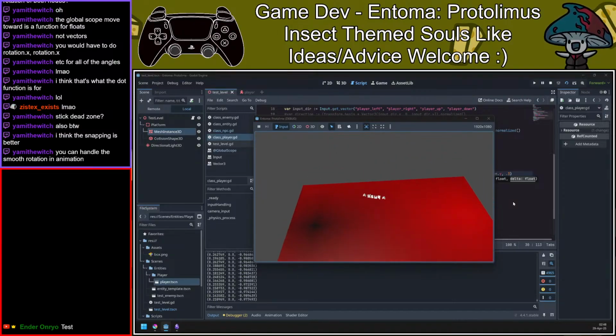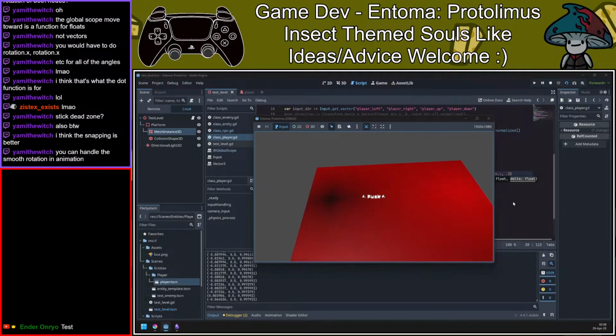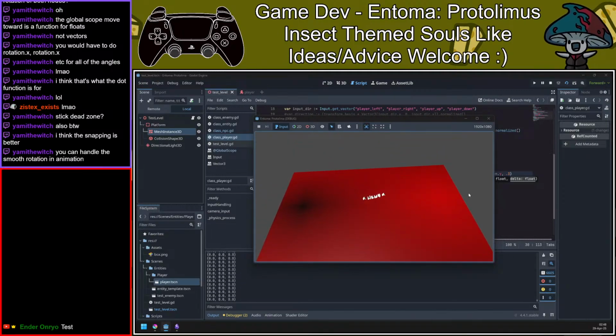So it goes along the entire number line to get back to where I'm now pointing. Oh, that's hilarious.